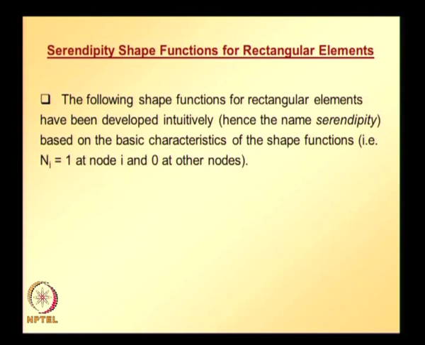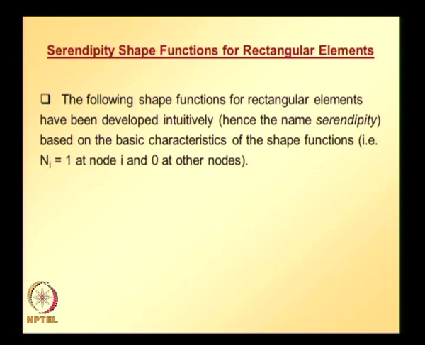In that case, we need to derive shape functions intuitively without violating the condition that the shape function of node i is equal to 1 at node i and equal to 0 at other nodes. That is what we call a serendipity element.